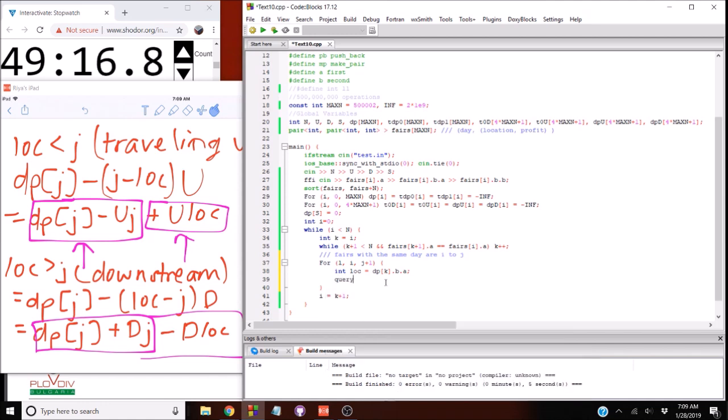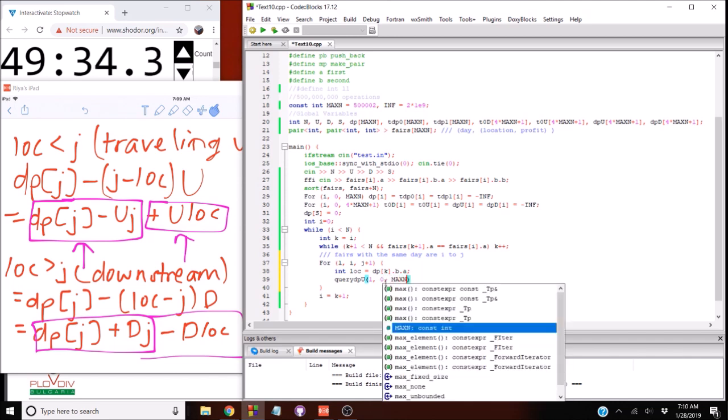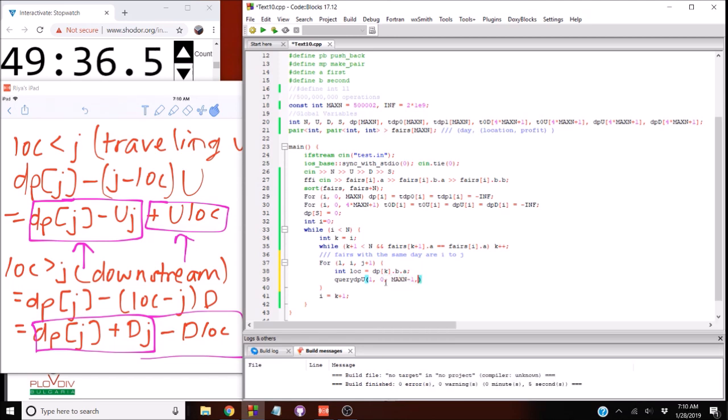So I want to query, and this is dpu. I'll just call it the function query dpu. Okay, this is j is greater than location, so yes, that would be the range, I suppose.